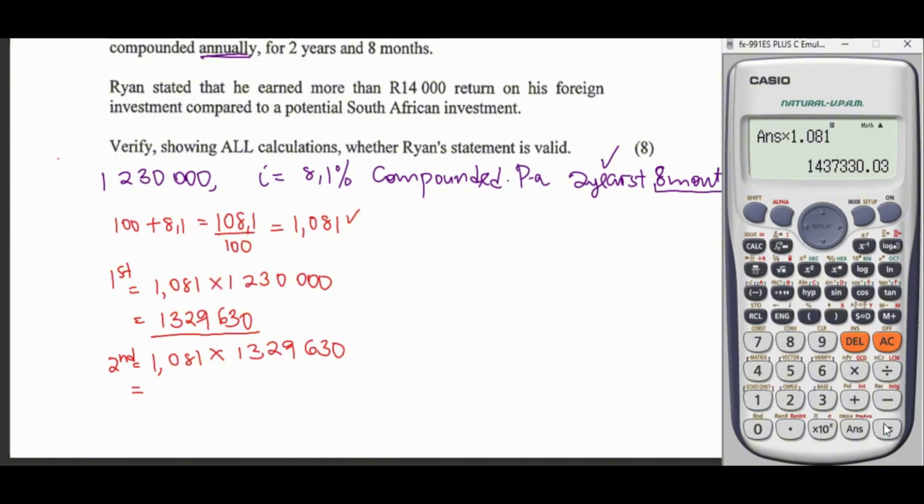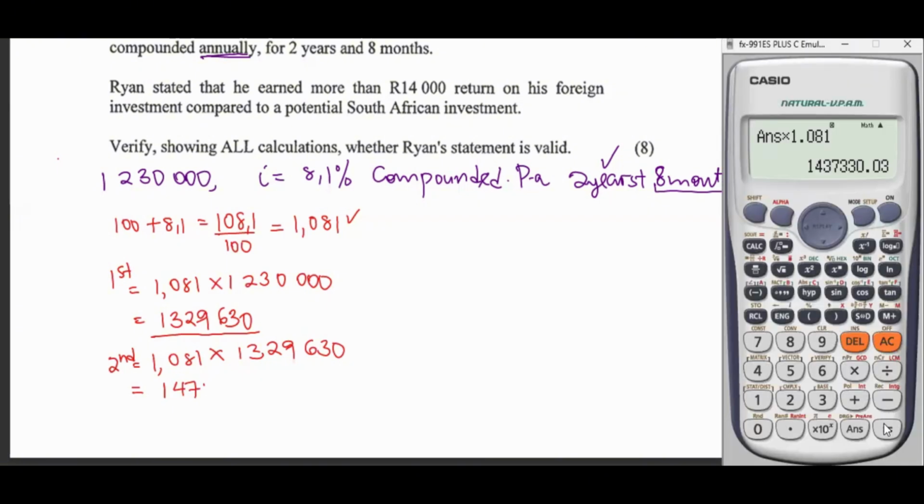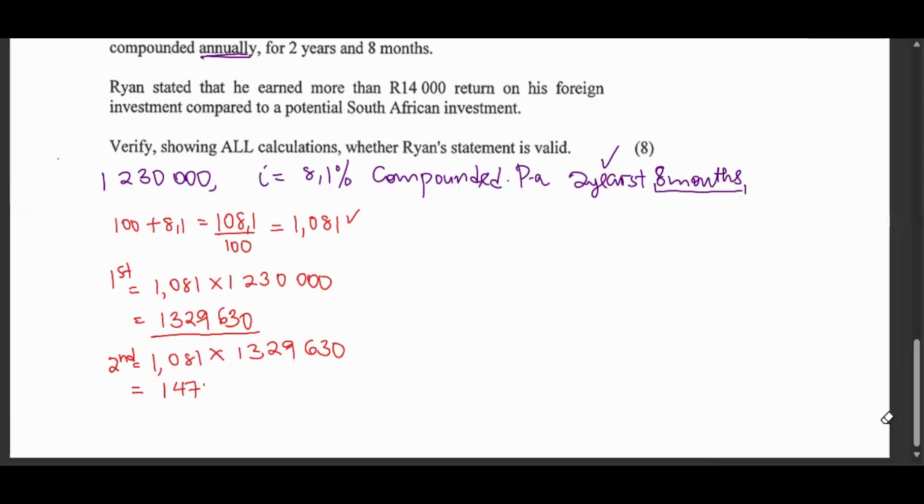So the person has 1,437,330. This is the money.